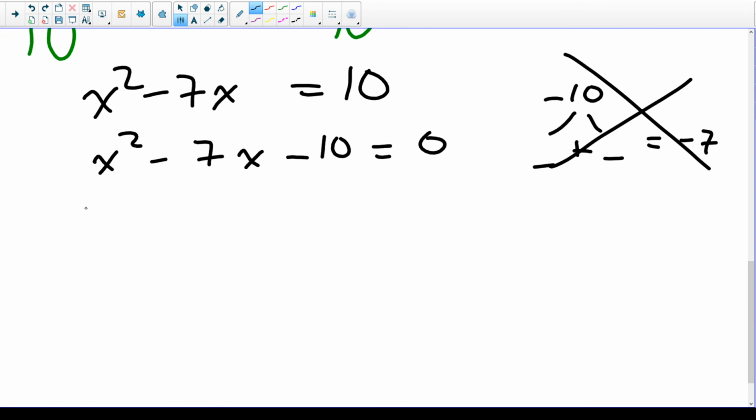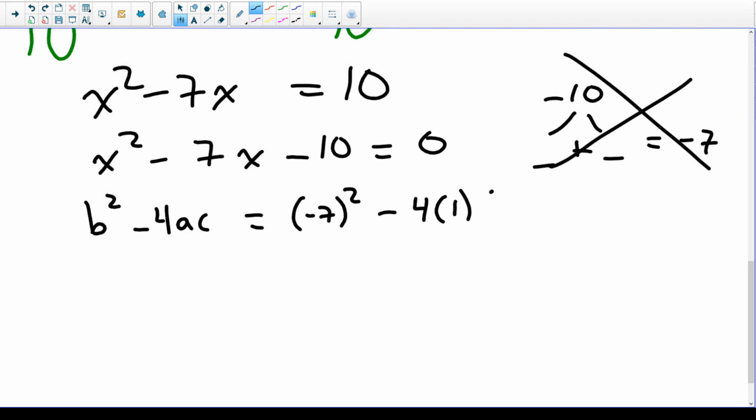Yeah. So let's do our discriminant. We are going to use the quadratic formula, so we're going to find our discriminant. So we've got b squared, which is minus 7 squared, minus 4 times a, which is 1, times c, which is negative 10. Complete the square?